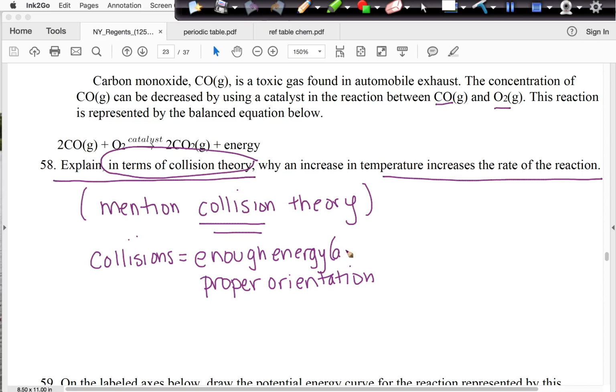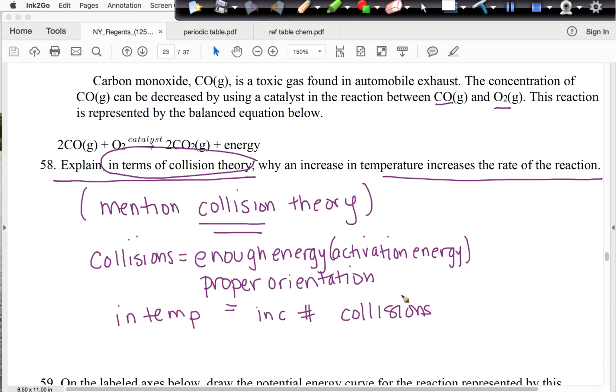That energy has to meet the activation energy. So if they have at least enough energy and they hit in the right spot, the collision will be effective. Increasing the temperature increases the number of collisions that have enough energy.